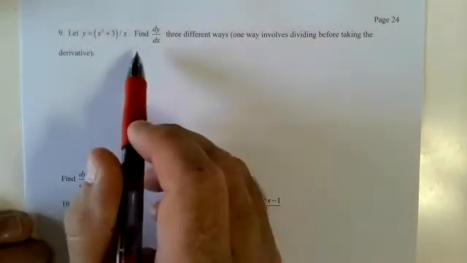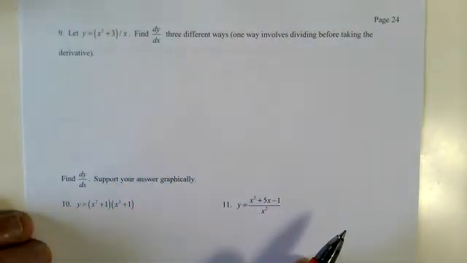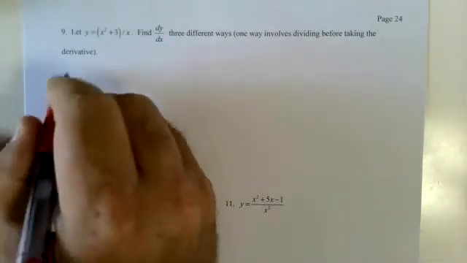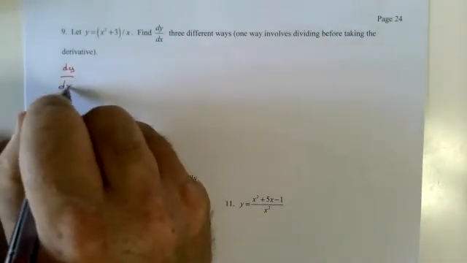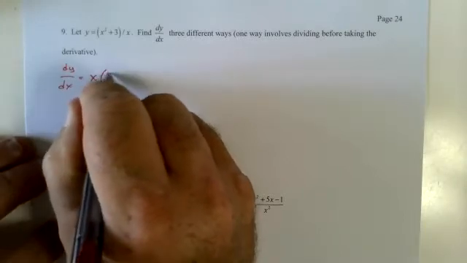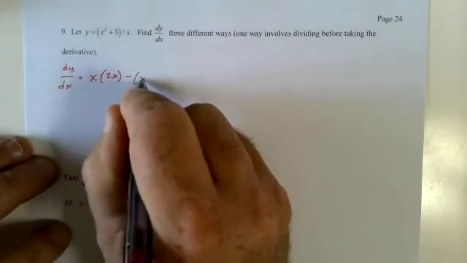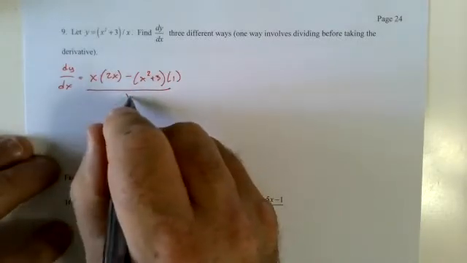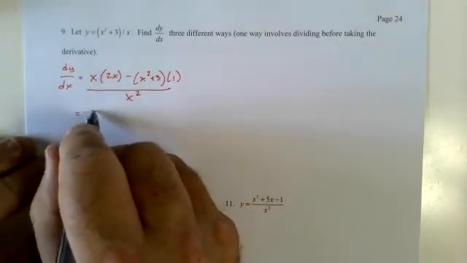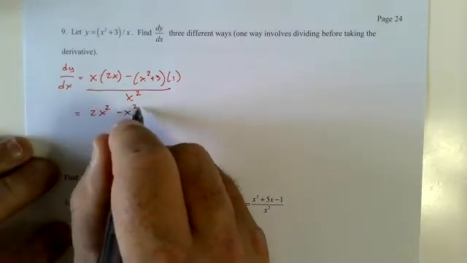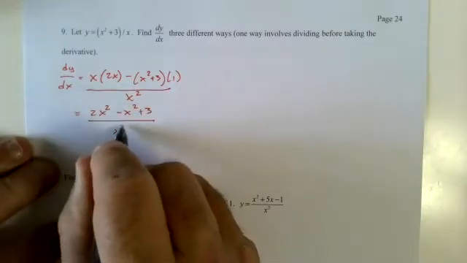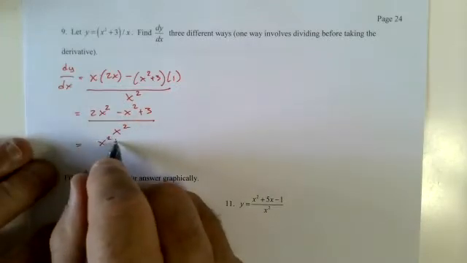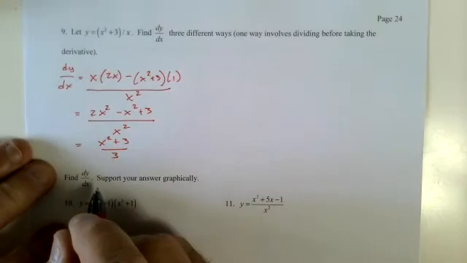Let y equal this thing, find it three different ways. Let's do the classic way that everybody jumps to. So dy/dx equals low, derivative of high, minus high, derivative of low, over low squared, which is 2x squared minus x squared plus 3 over 3. 2x squared minus 1x squared is x squared plus 3 over 3.